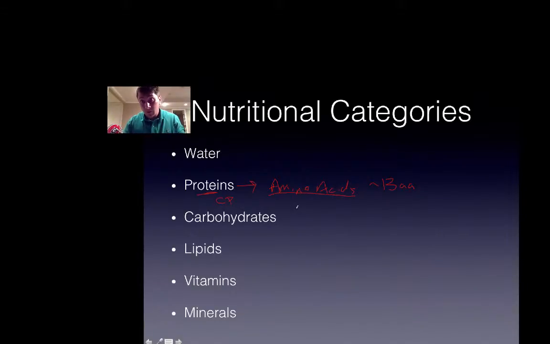Now remember, there's a total of 20. 7 of them are easily made by the chicken, but 13 need to be watched, and really there's 3 that are considered very critical, and we'll come to know those as methionine and lysine and tryptophan.